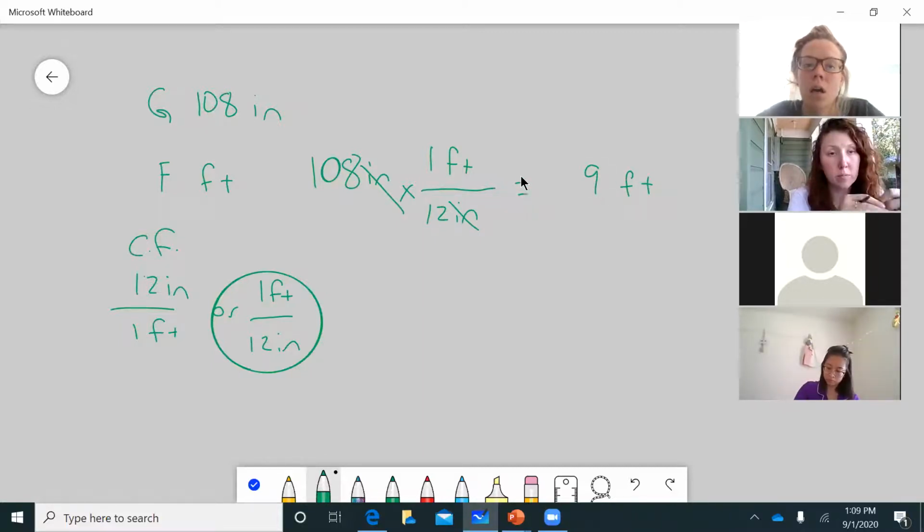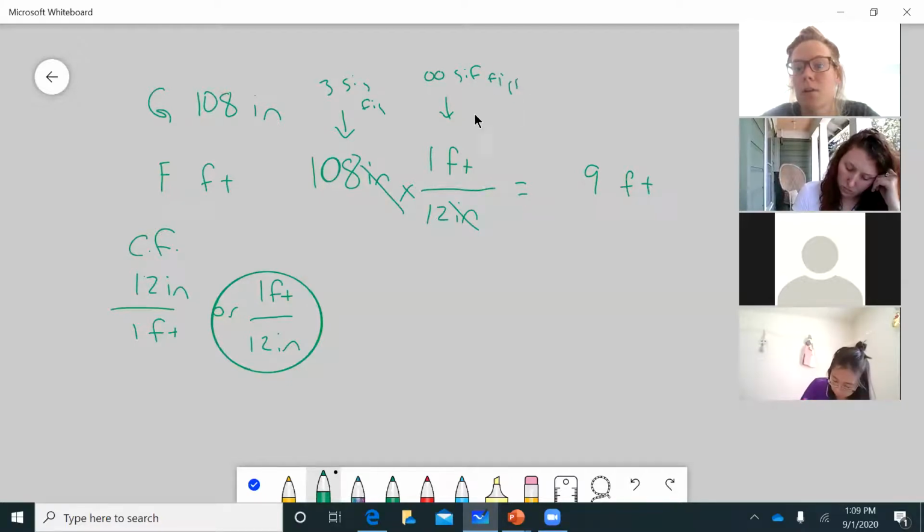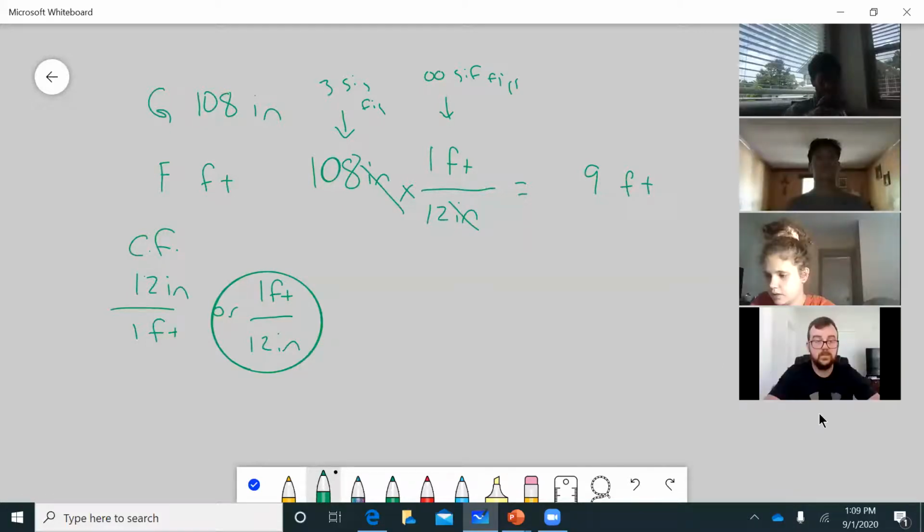Now, let's talk about significant figures here. My given information has 3 sig figs. My conversion factor has an infinite number of sig figs. Remember that your conversion factor is not going to be your limiting sig fig factor.